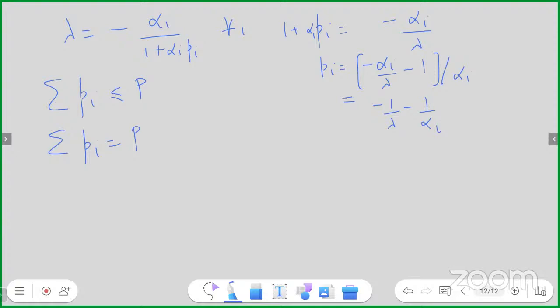I'm getting all sorts of negatives. I should not have got that. The answer I'm expecting is 1 by lambda minus this. So somewhere did I start with a wrong lambda?